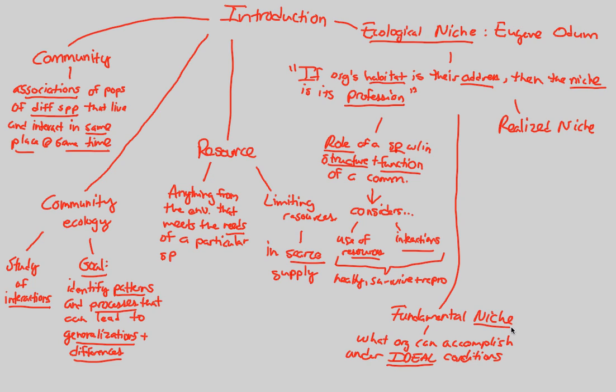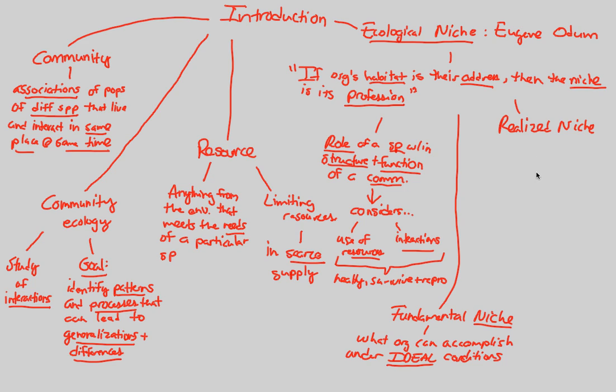We're saying that there's a job, and you can have an ideal job under ideal conditions to live life to the fullest. That's what I consider the fundamental niche. This organism is living life to the absolute fullest because they're getting the absolute most out of their environment. They're getting the absolute most out of their community and their interactions and resources available within that community. So this is an ideal niche, let's say.